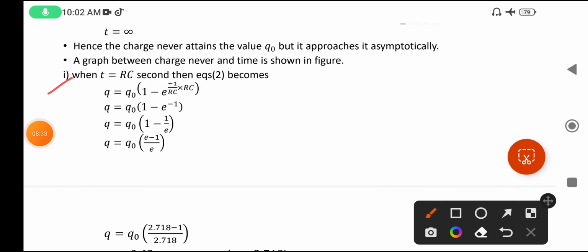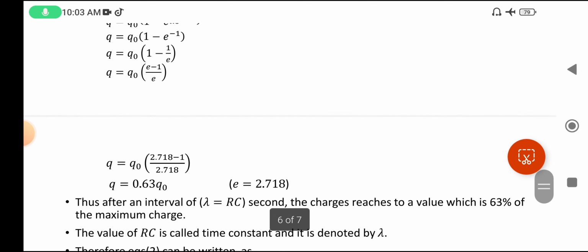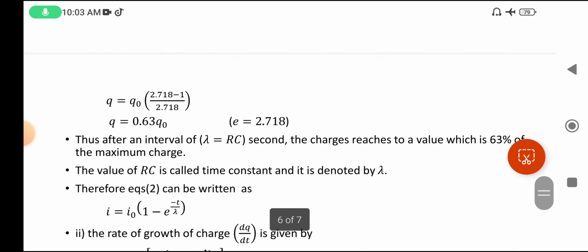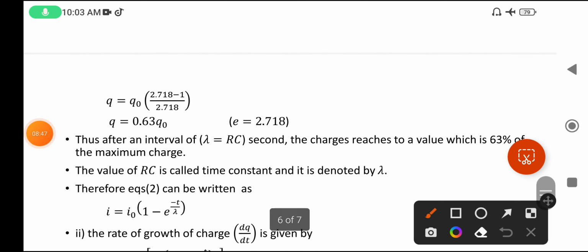When time t is equal to RC, in the above equation substitute RC in the place of t. RC cancels, giving e power of minus 1. Write it like this, take the LCM, and then this is the equation. The value of e we know is 2.718; substituting it here and simplifying, we get this value.